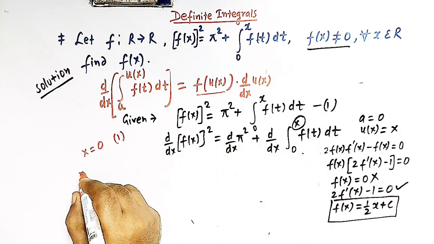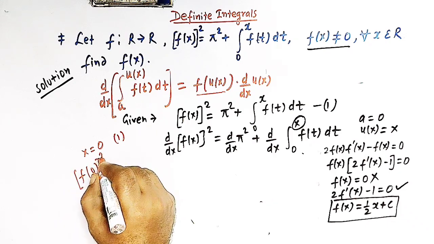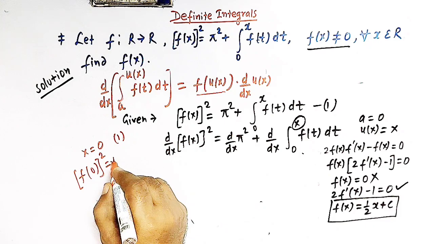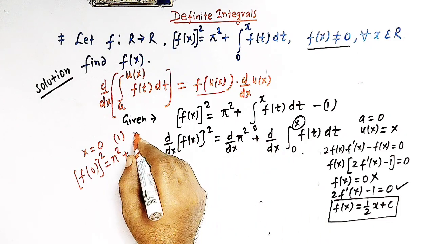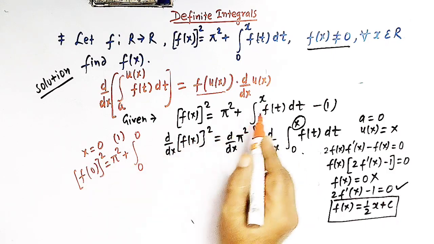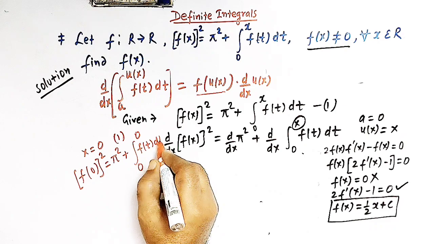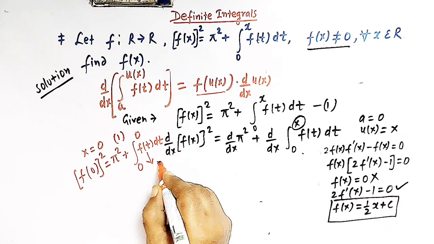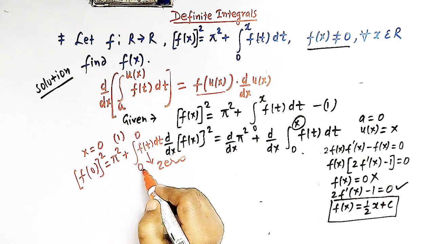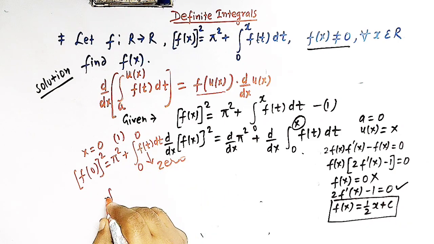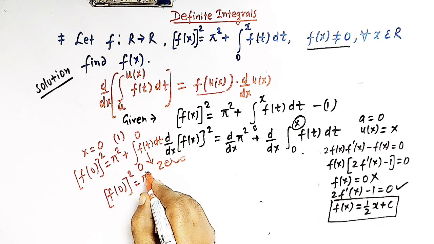So we'll have here f of 0 whole square, and here we have simply pi square, and here we have the integral from 0 to 0 of f of t dt. Now this term is equal to 0, because both the limits of integration are 0. So we are left with only f of 0 square is equal to pi square.